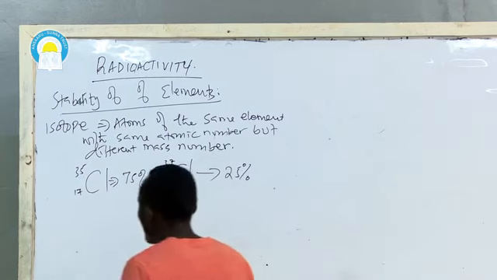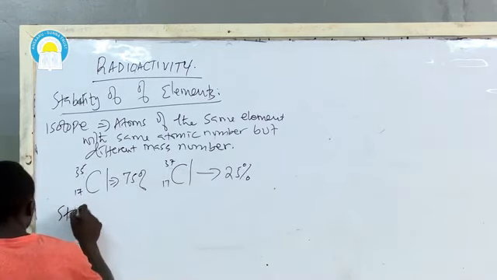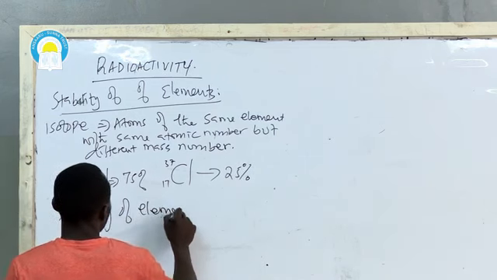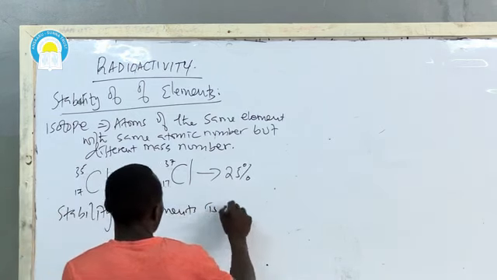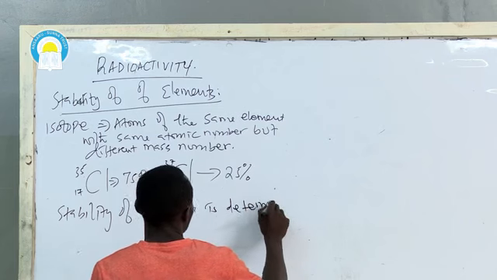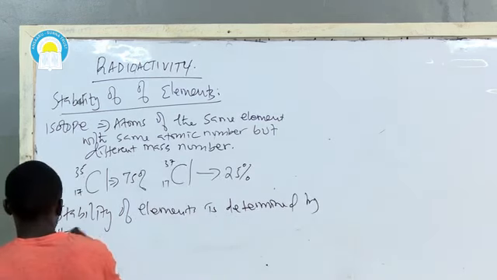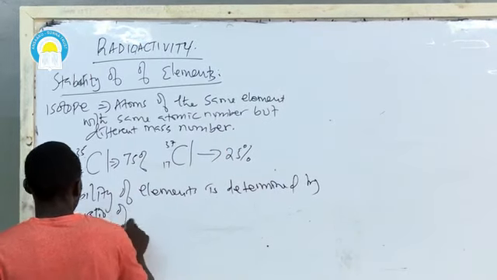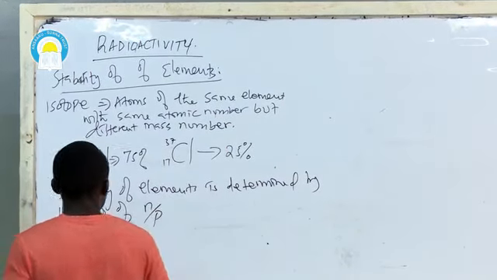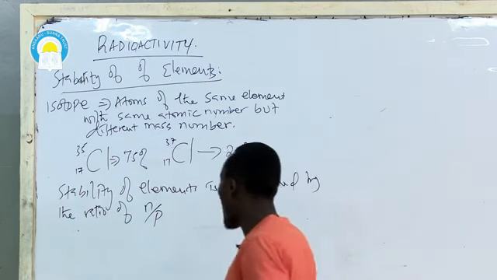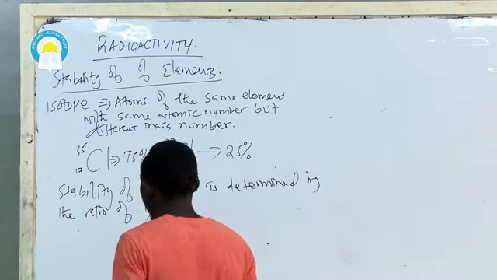The stability of elements is determined by the ratio of N:P, whereby you are going to find that most of them have the ratio of 1:1.